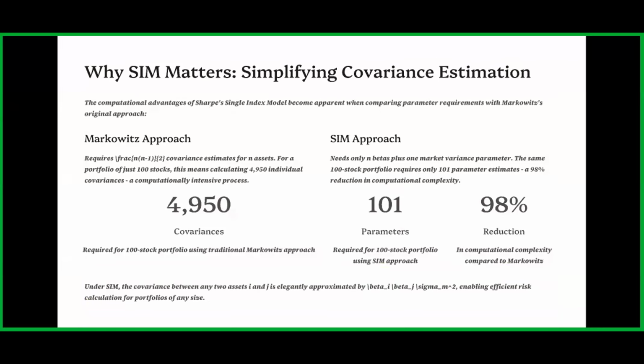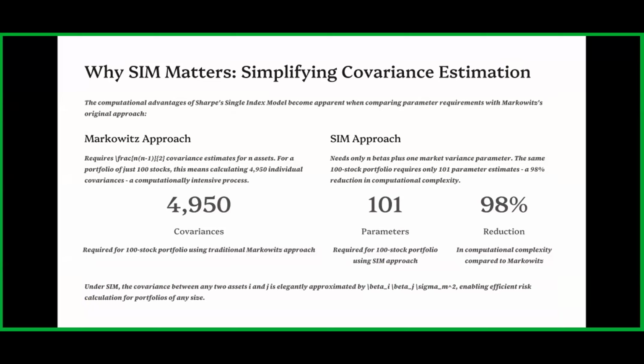So why does the single index model matter? If we already have the Markowitz portfolio theory, why do we need the single index model? That is the big question. The computational advantage of Sharpe's single index model becomes apparent when comparing the parameter requirements with Markowitz's original approach. Here we take an example.